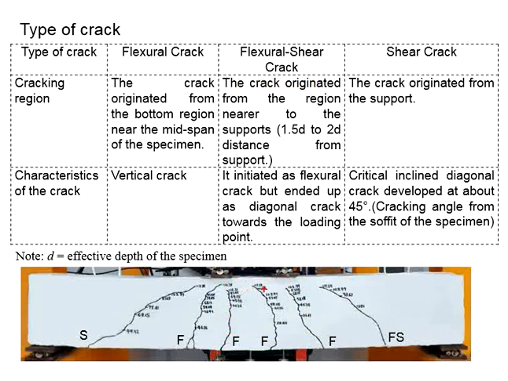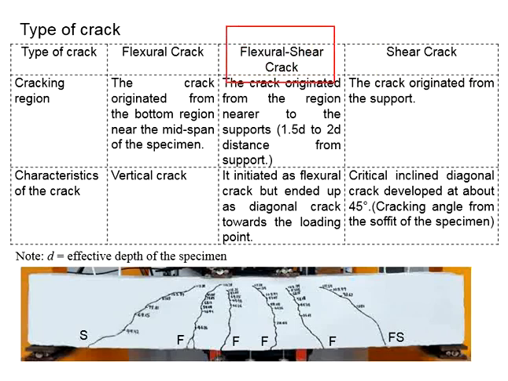Now, it depends on the location of this vertical load. If the vertical load is far away from the support, the flexural crack will be dominant. You will see a lot of cracks go vertical. Now, if this point load here is located very close to the support, shear crack is likely.